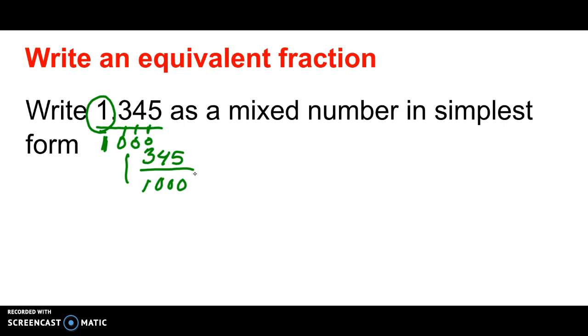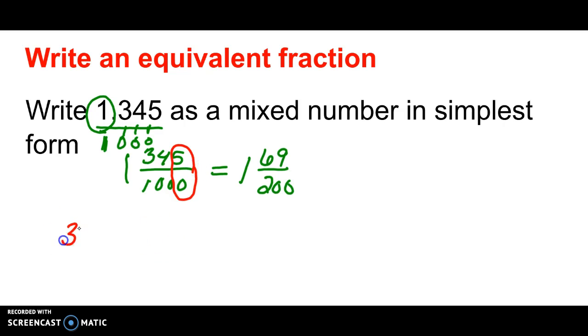Now, if I simplify that, I can simplify that to 1 and 69 200ths. To simplify that, I look at these two and I can see that they are both divisible by 5 because they have a 5 and a 0 at the end.